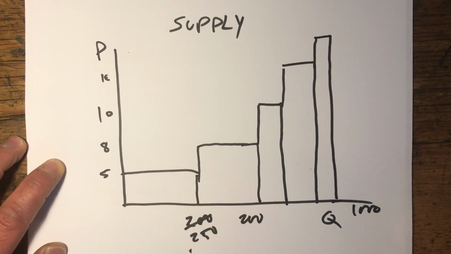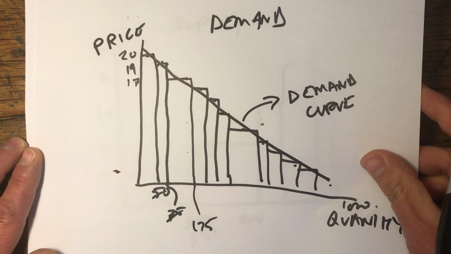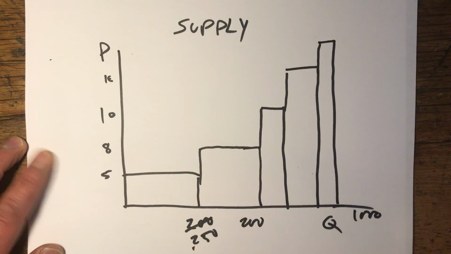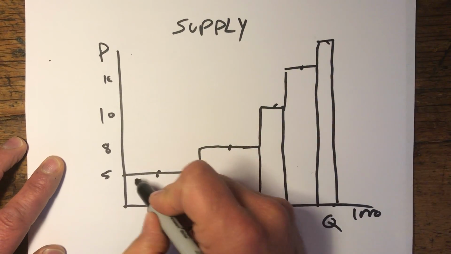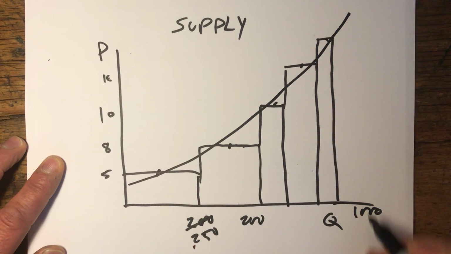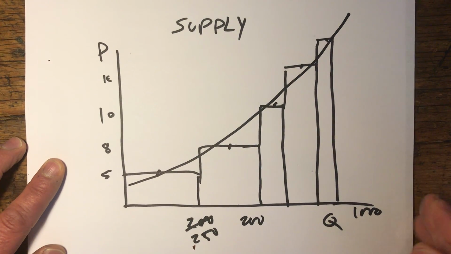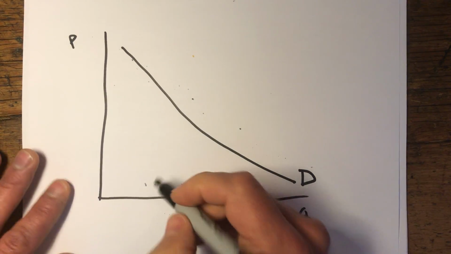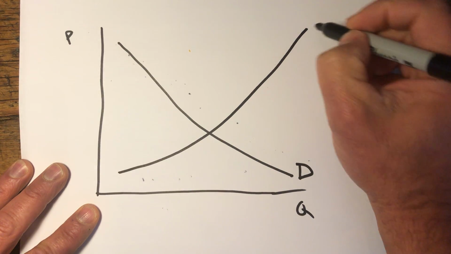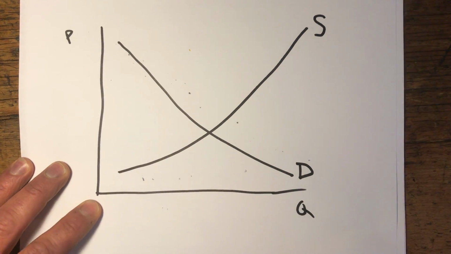Again, remember going back to our demand curve that looked like this. We're now looking at a supply curve that we can draw as follows. It looks like that. Or, to simplify it, and we're going to overlay it where we actually have the demand curve, we can have a supply curve that looks like that.